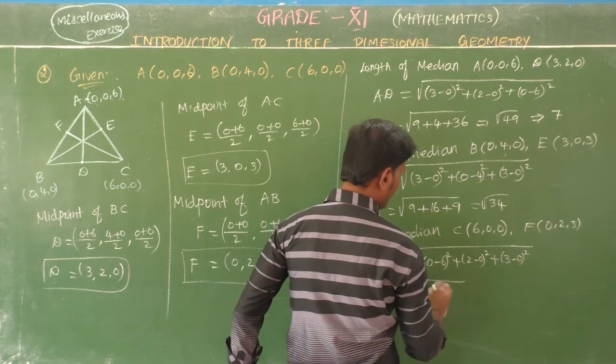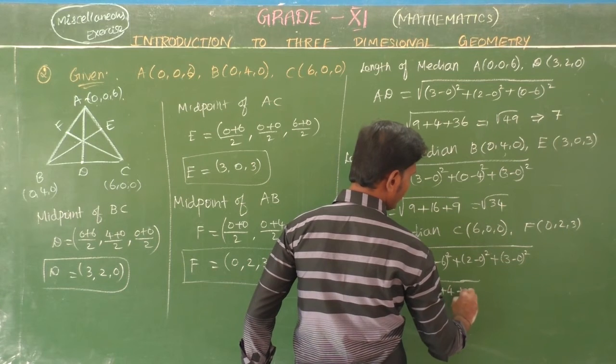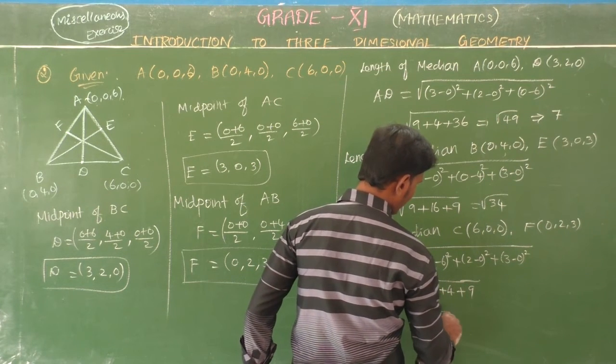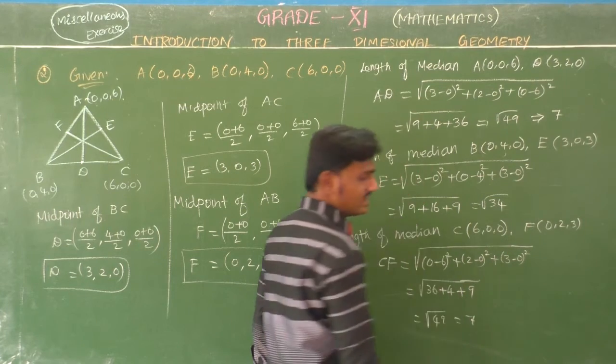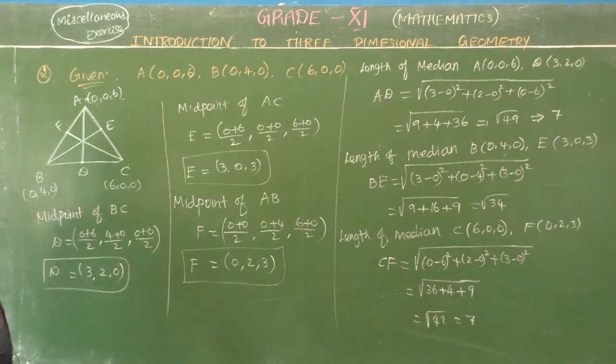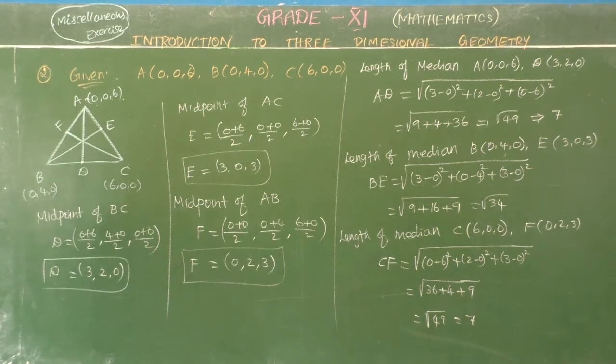So 6 square is 36, plus 2 square is 4, plus 3 square is 9. So the square root of 49, which is 7. So 7 is the length of the median CF. So the lengths of the medians are 7, root 34 and 7. Have you got it, children? Okay. Next question.